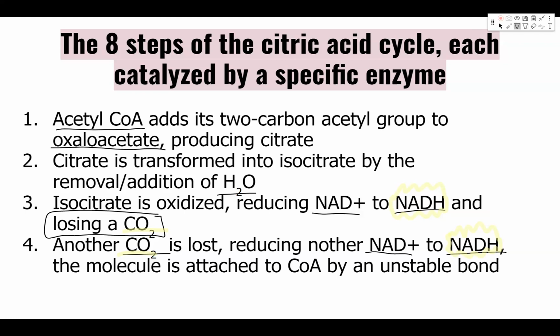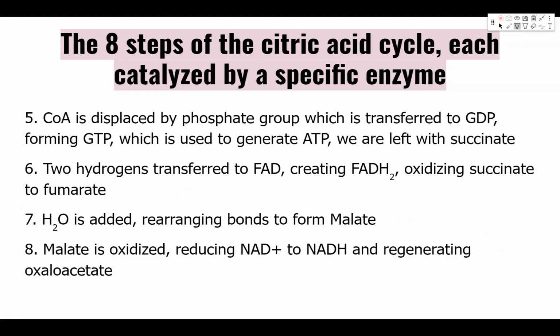Doing okay? All right. Step 5, our CoA that we added whenever we oxidized pyruvate is going to get booted off for a phosphate group. That phosphate group is transferred to something called GDP, which is guanine diphosphate.